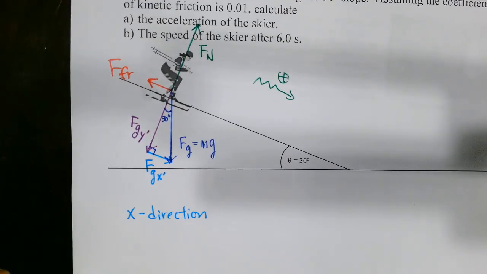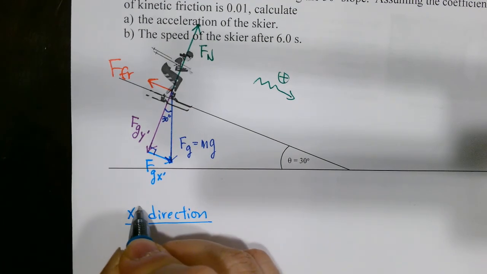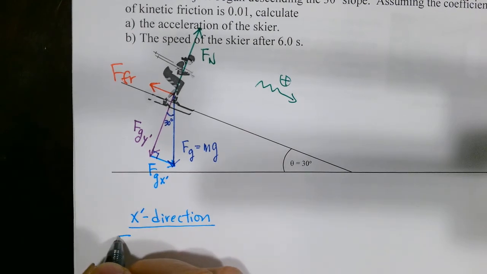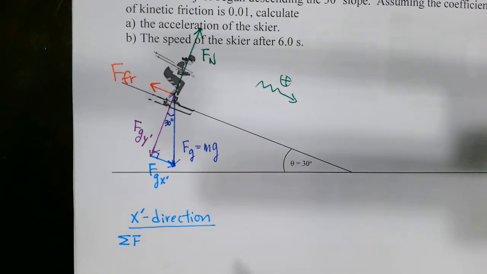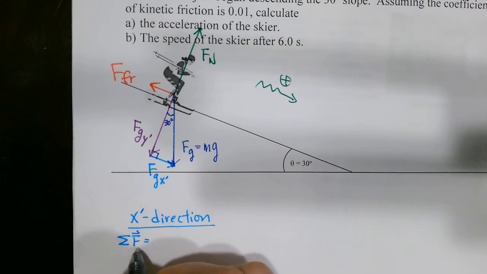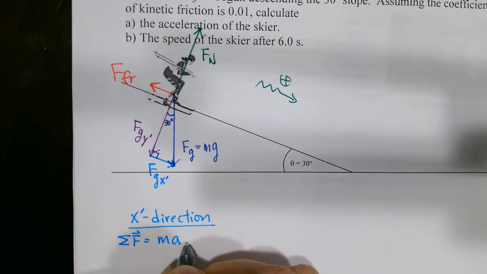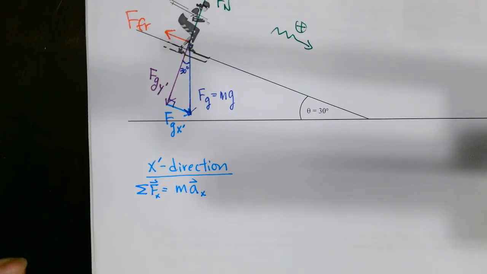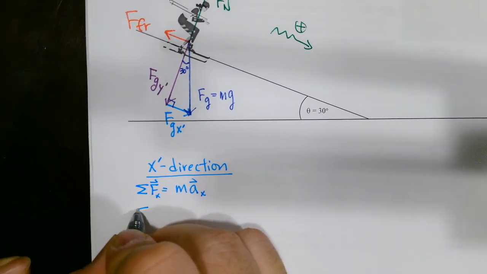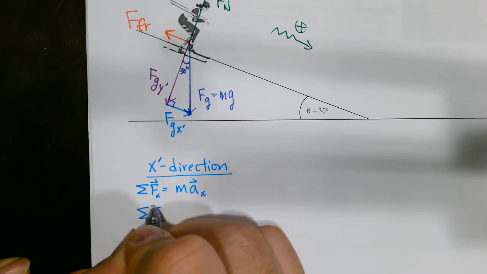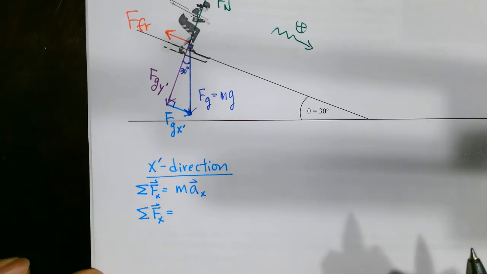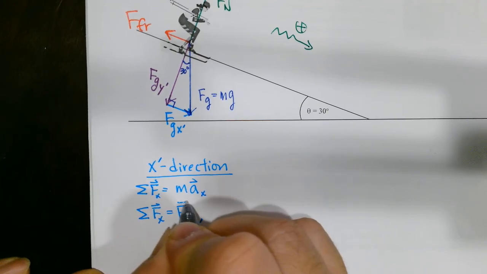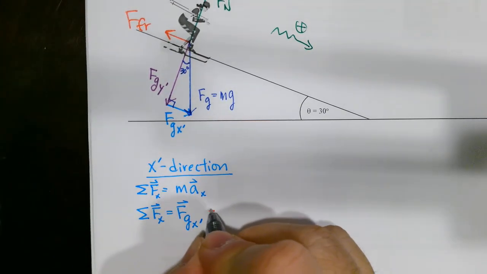So in the x prime direction, I have the sum of all forces equal to m a x. And for the sum of all forces in the x direction, I have two forces: Fg x prime plus friction.